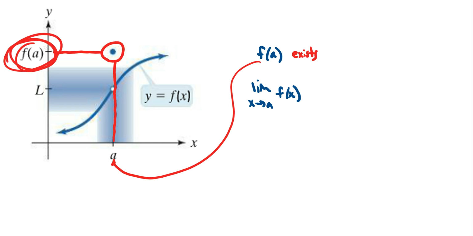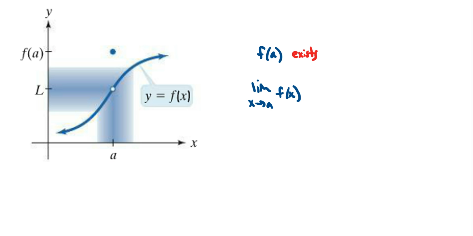So f of a does exist. Let's compare this to the limit. For the limit, we find a, and we find the curve directly to the left and to the right of a. So the curve is right here. As we approach it from the left and from the right, it's approaching the hole, which once again, I'll say this a million times, the hole can and will be the answer.